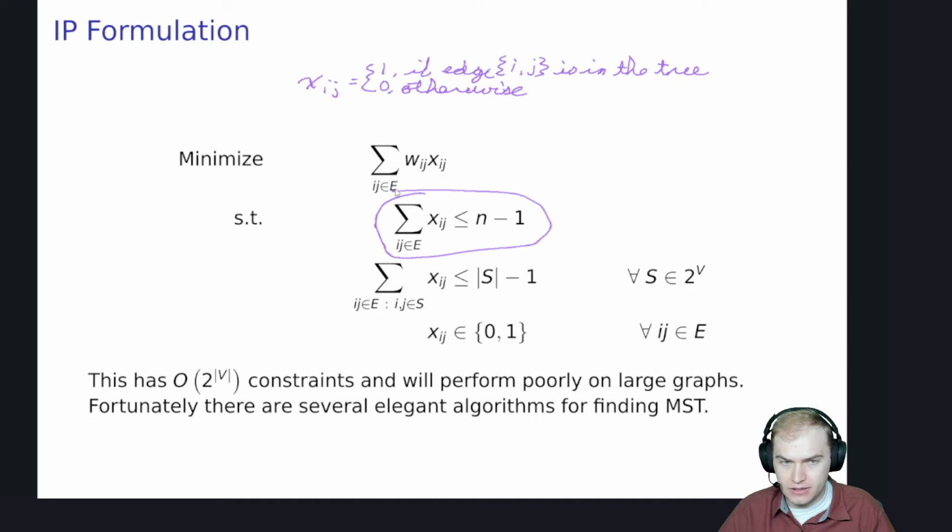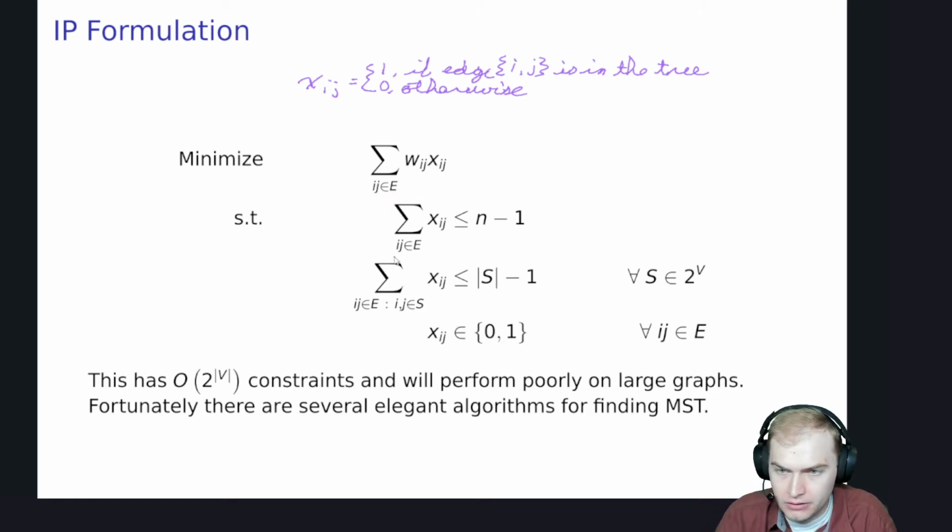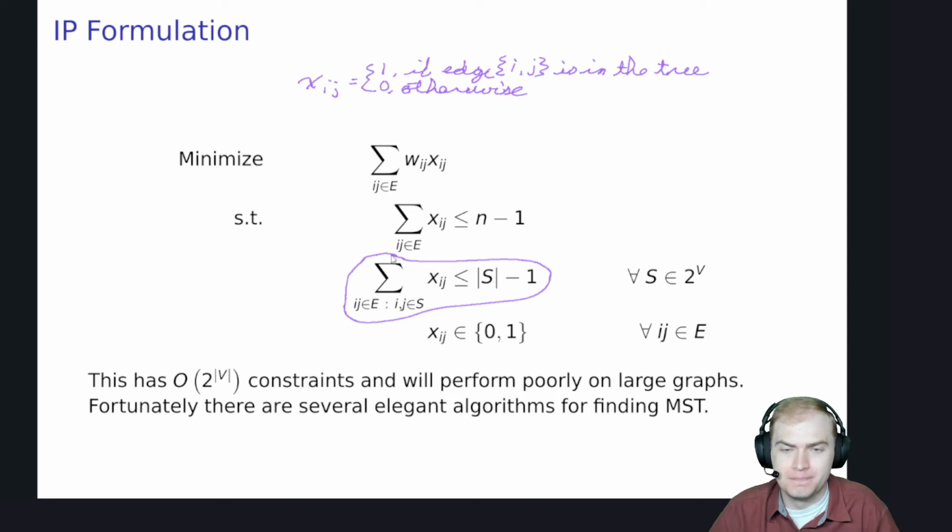And then finally, this constraint is commonly used in what's called the traveling salesman problem, which is a very difficult problem.